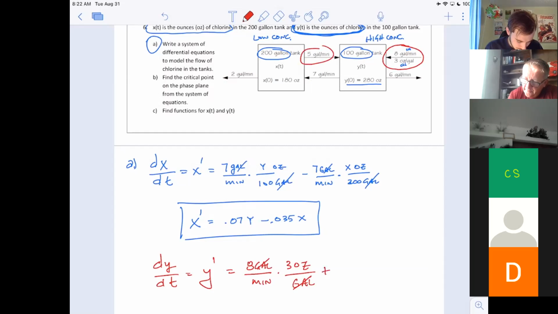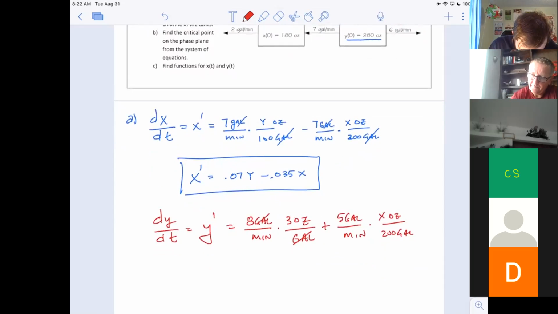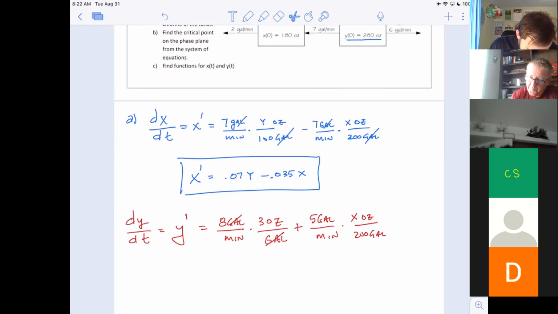So plus 5 gallons per minute of liquid, and it, as before, is X ounces per 200 gallons. And so those are both rates in, those are both pipes coming into the tank.